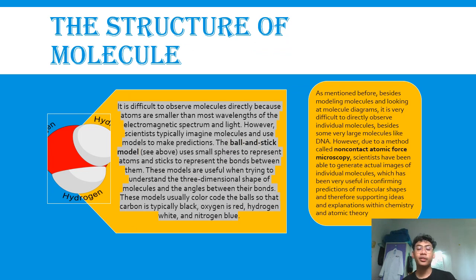Okay, going to the next slide, we talk about the structure of a molecule. It is difficult to observe a molecule directly because atoms are smaller than most wavelengths of the electromagnetic spectrum and light. However, scientists typically imagine molecules and use models to make predictions.